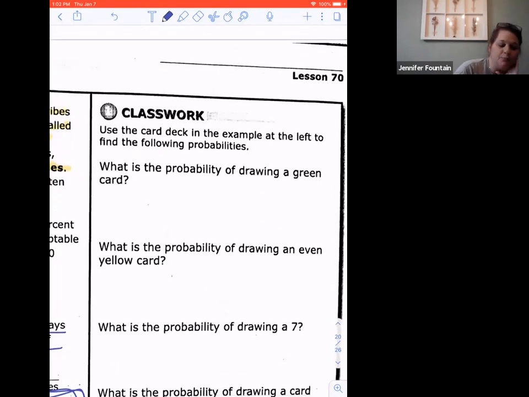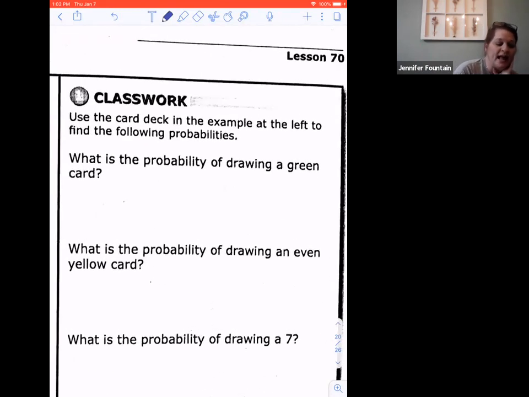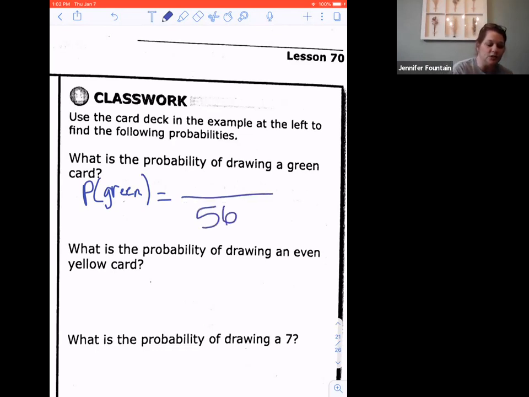So it says, what is the probability of drawing a green card? So the probability of drawing a green card, and it's any green card. Okay, in the previous example, it had to be a red 3. So out of 56 cards, how many of my cards are green?